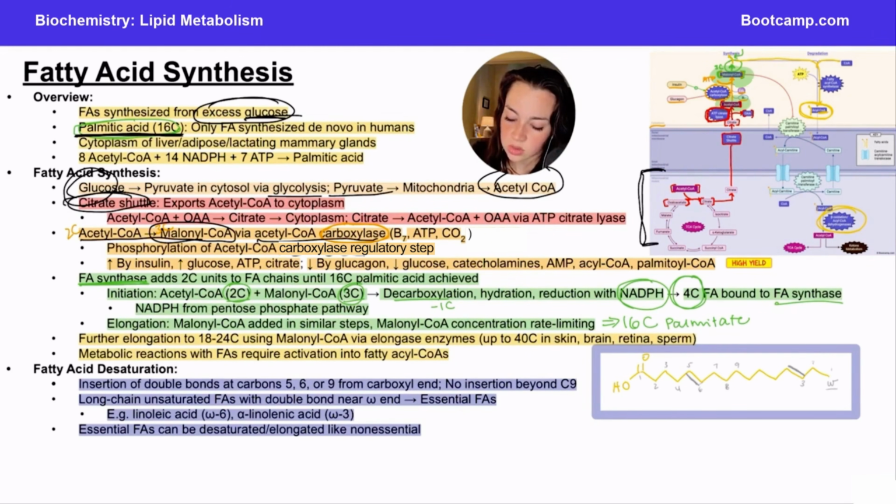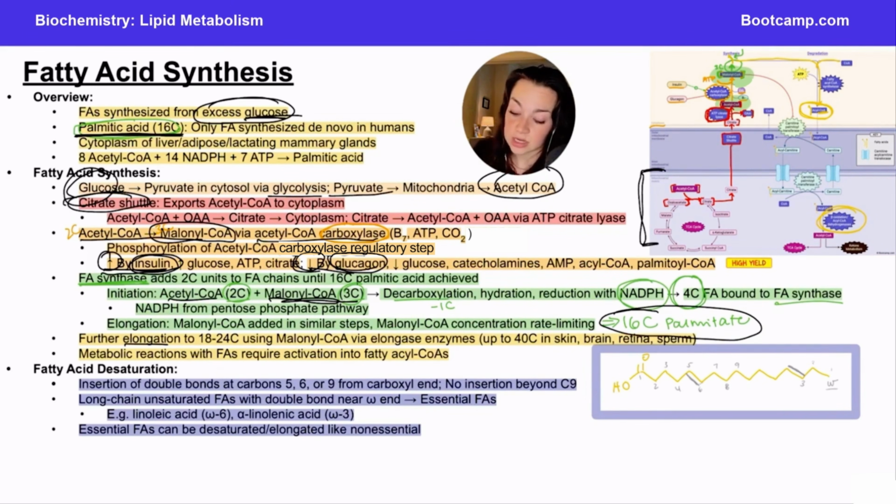This was our regulatory step that was increased by signs of the fed state and decreased by signs of the fasting state. And then once we had that malonyl-CoA building block made and ready, we could use it to initiate the chain and then further elongate the chain, adding on 2 carbons with each cycle until we reach that 16 carbon palmitate.